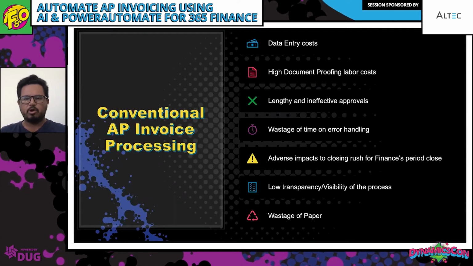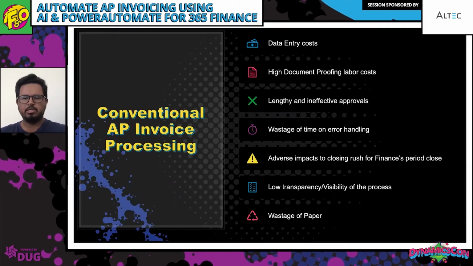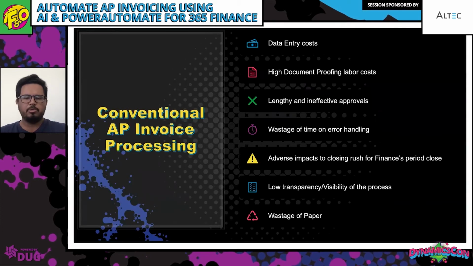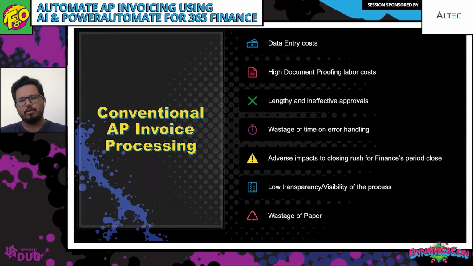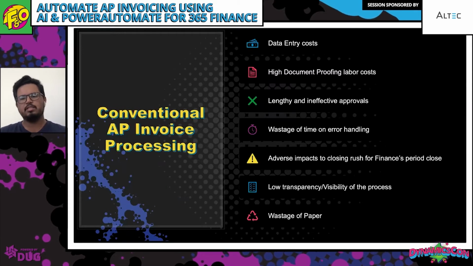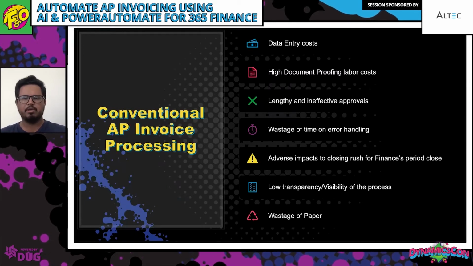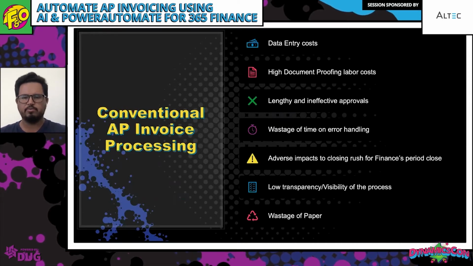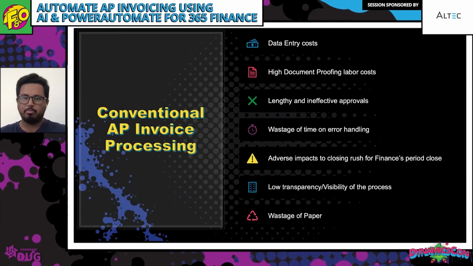Then another major problem is with respect to transparency or visibility. Once a hard copy lands on your front desk or somewhere, people don't know whether that invoice has reached your system or not, unless someone processes it in the system, which sometimes takes delays, and this creates a problem with the transparency and visibility of the overall flow. And yes, the paper.